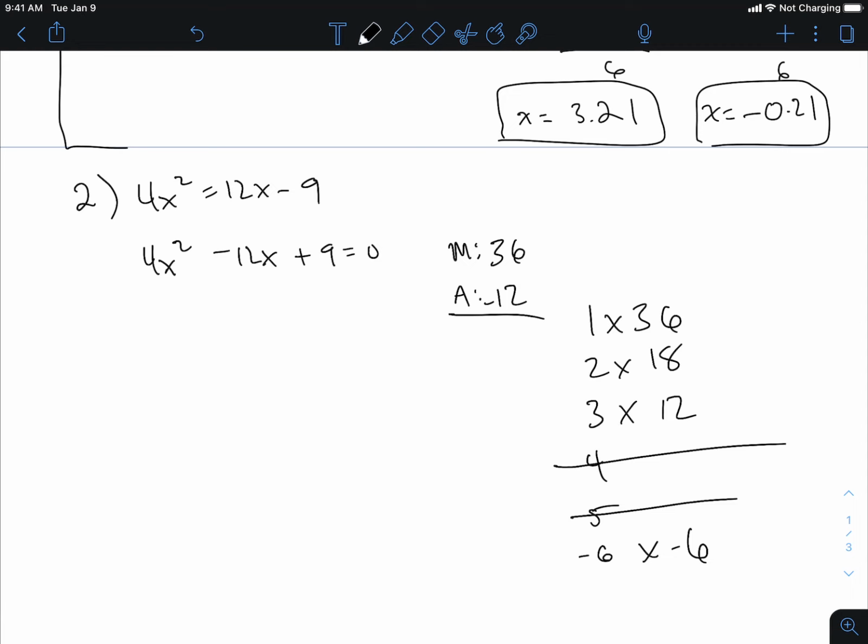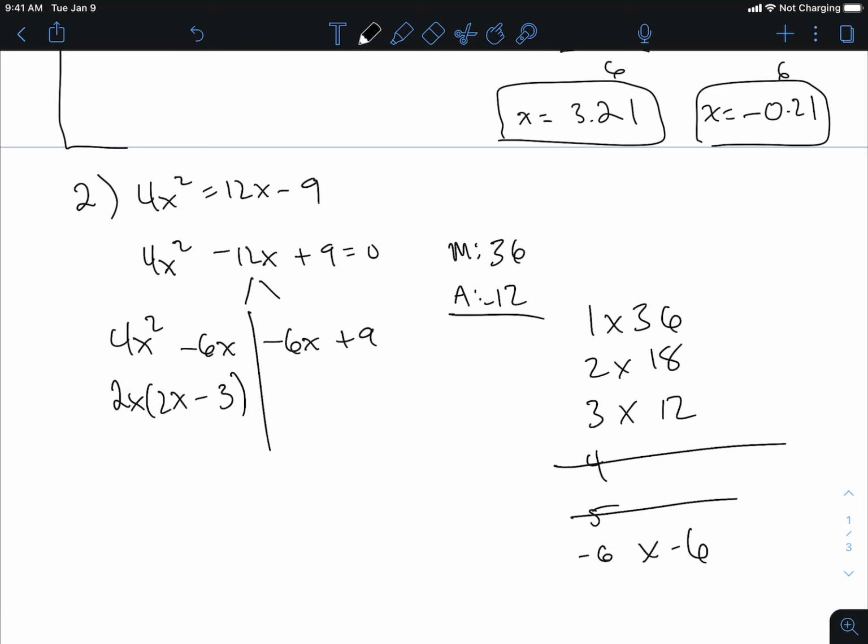Okay, that's fine. Split the middle term up: 4x squared minus 6x minus 6x plus 9. Break the question in half. Take out a 2x. What's left? 2x minus 3.